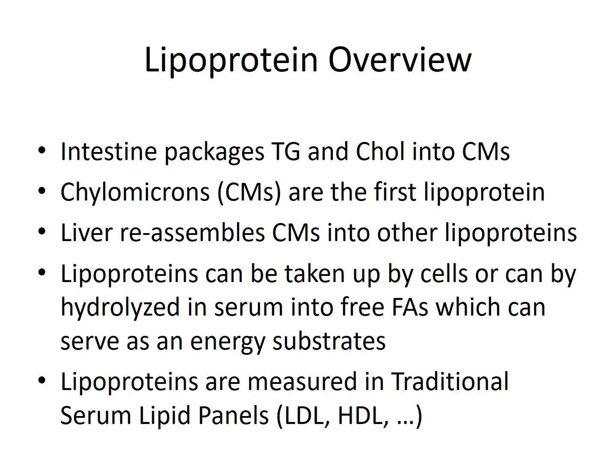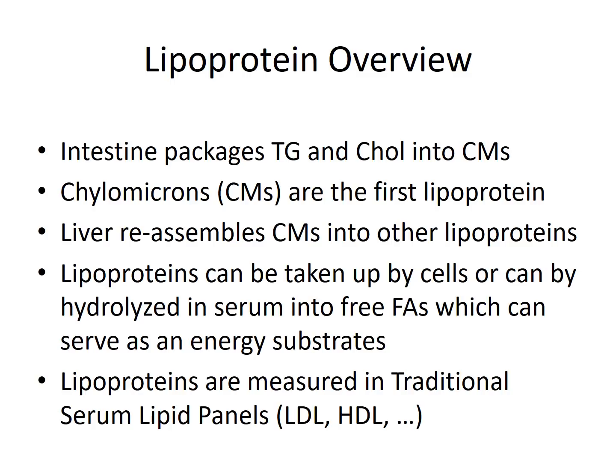And then in the liver, those chylomicrons are going to be reassembled into the other lipoproteins. And those other lipoproteins are the ones that we see in the traditional lipid panels, such as the LDLs and the HDLs. So it's kind of weird, right?